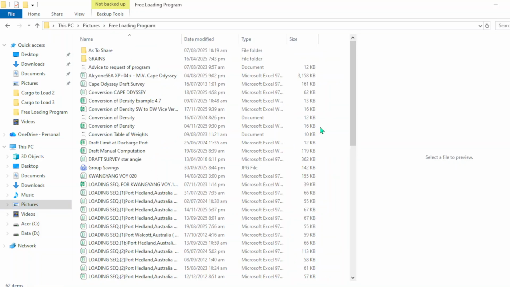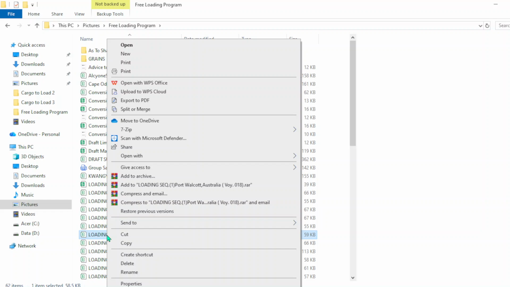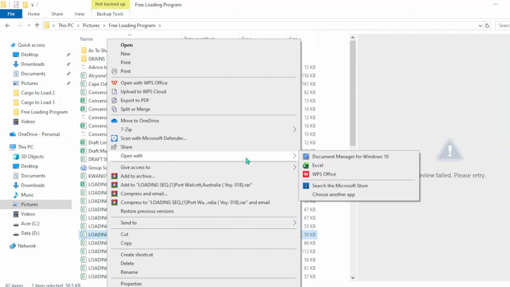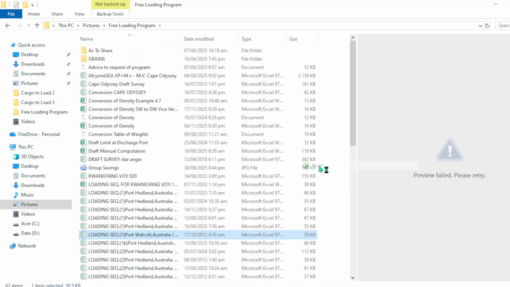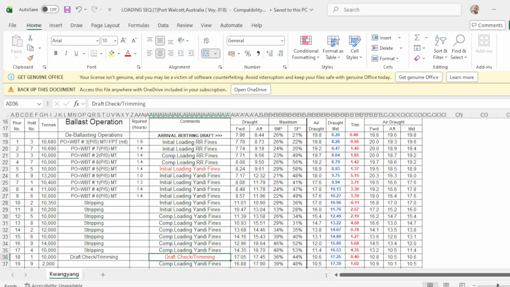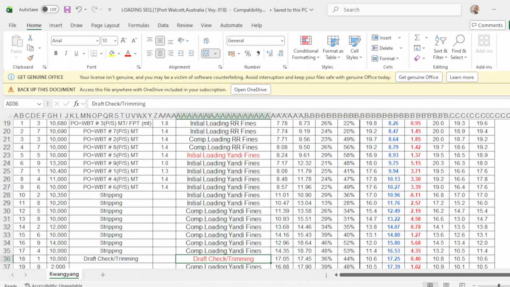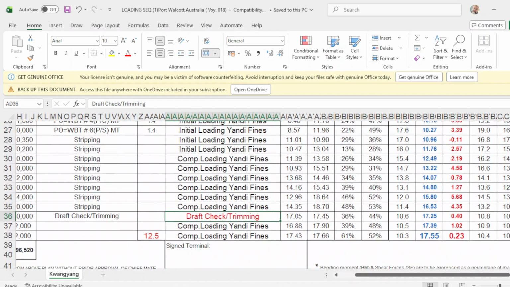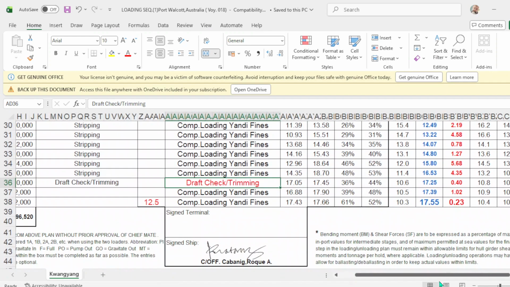Okay, then I'll get here. Open with... what is this?